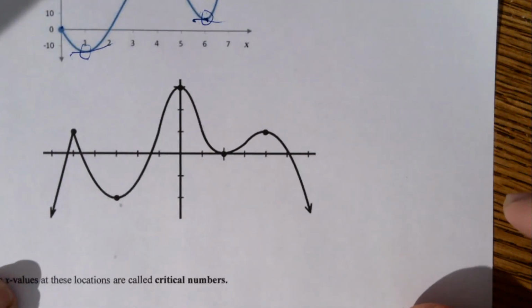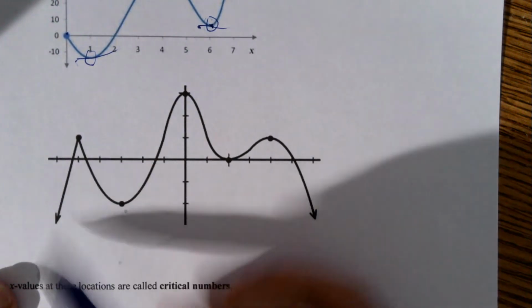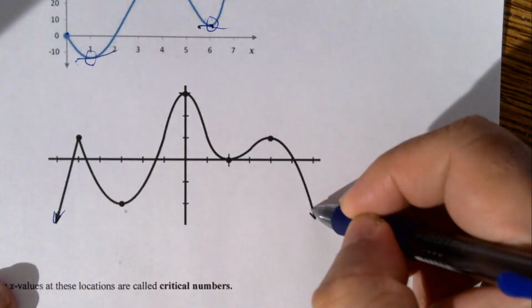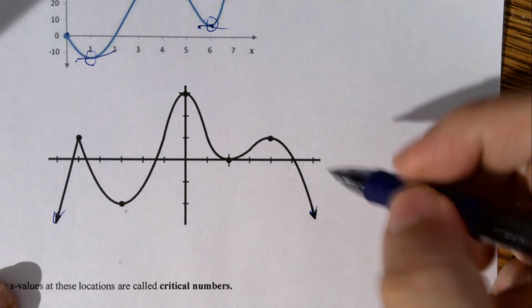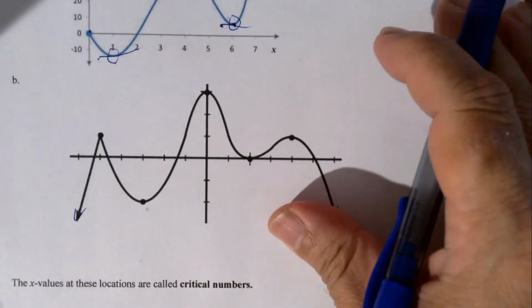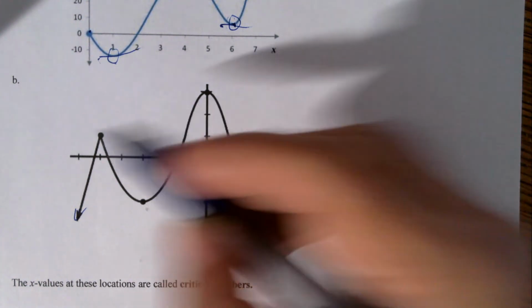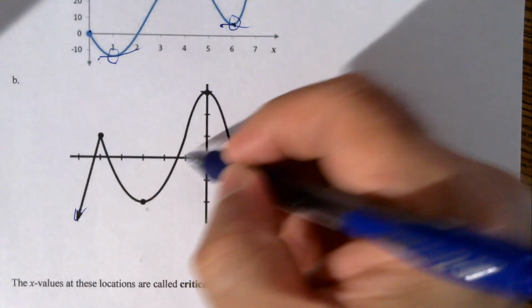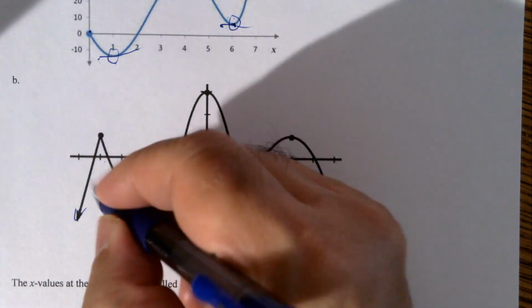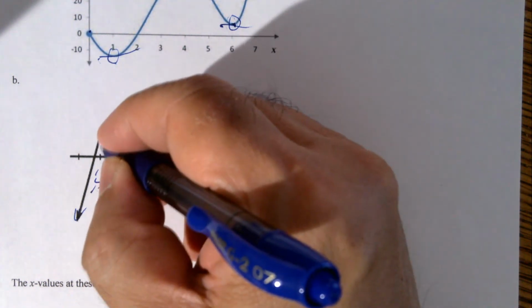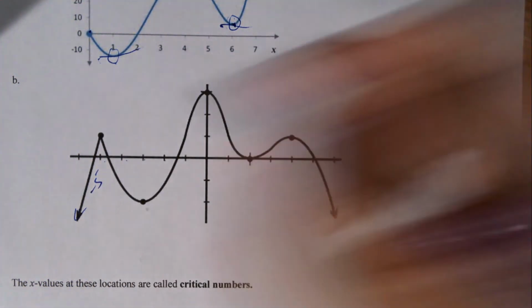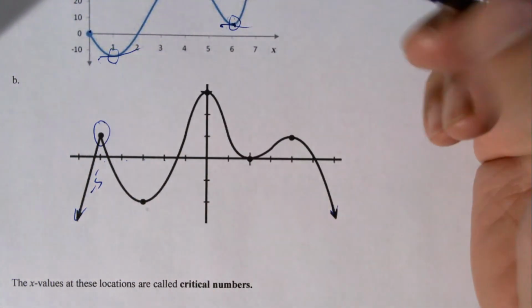Let's go on to example B here. Right now this is an open interval. Notice there's arrows, so I'm continuing from there. It's unbounded there. All right. So we'll look at what's going on here. That's 1, 2, 3, 4, 5. So at -5, we have a relative maximum, and the derivative is undefined. Whenever you see a corner like that, the derivative is undefined.